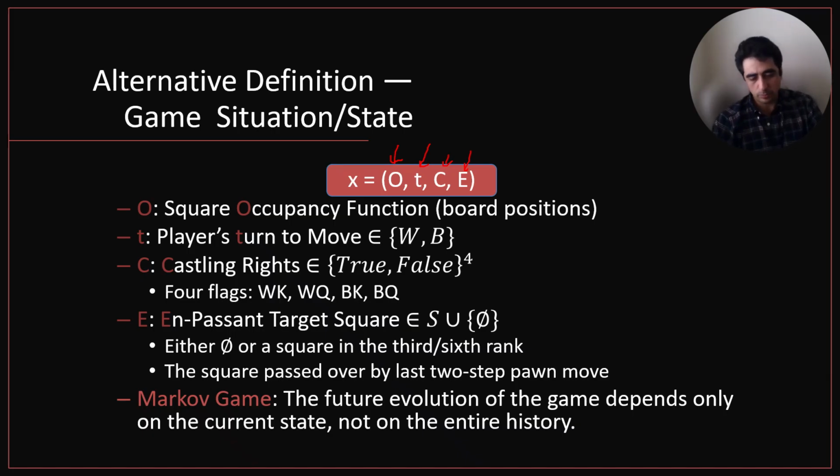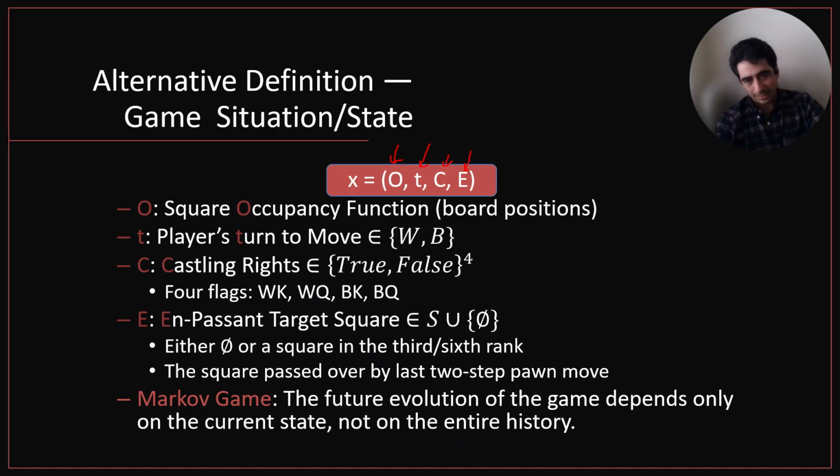Basically, this function will map every square to the piece that occupies that square. And if no piece occupies the square and the square is empty, then we map that square to an empty set, which is a special element that basically means this square is empty because there's no piece on it. The other one is T, which basically shows the player's turn to move.